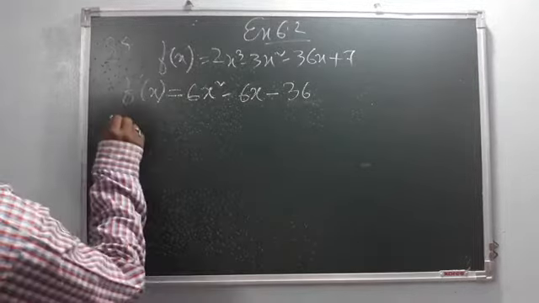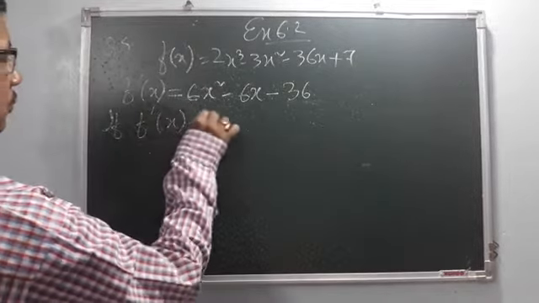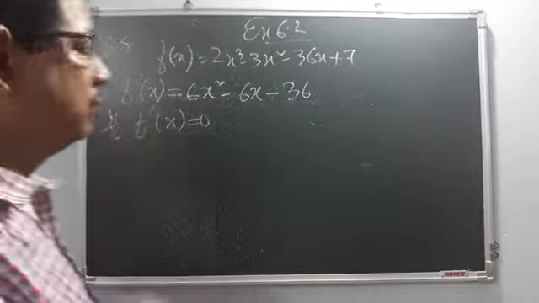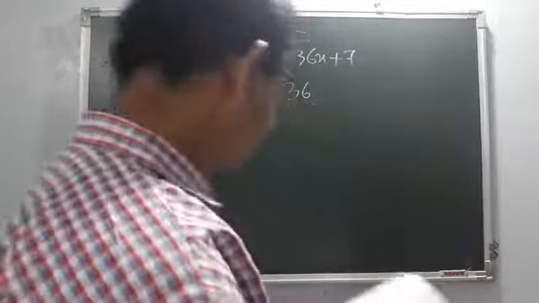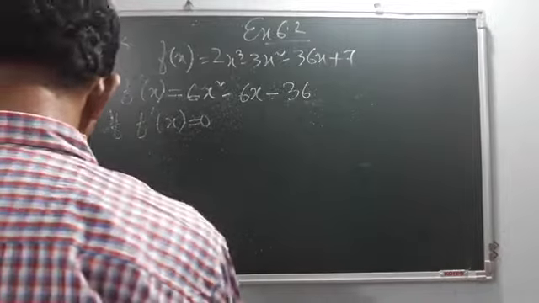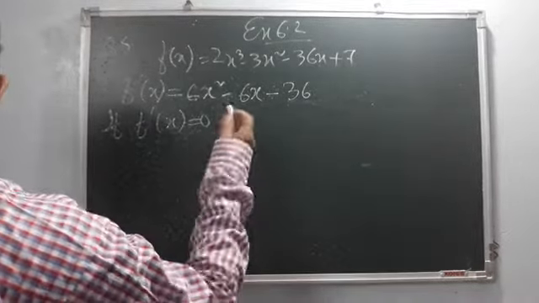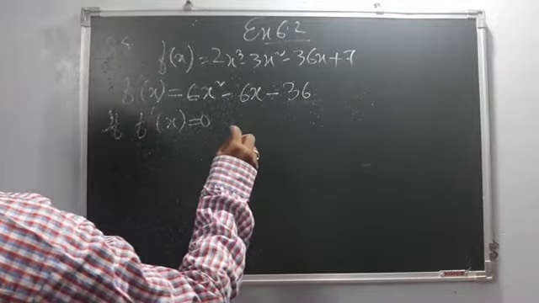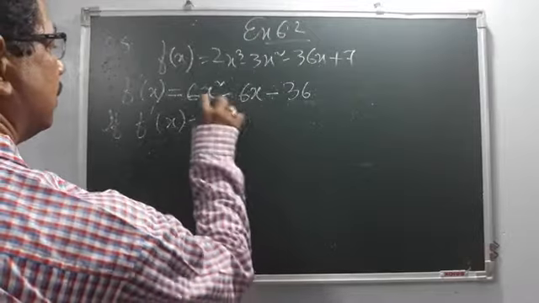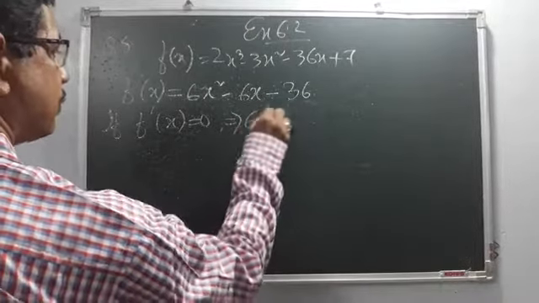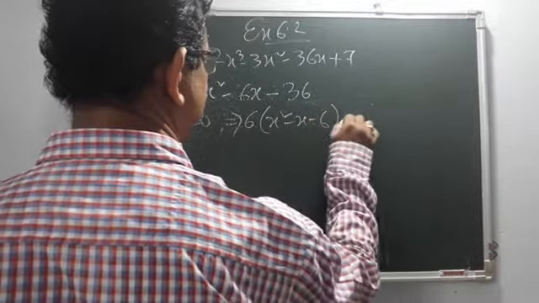As in the earlier procedure, if we take f'(x) equal to 0, then this implies 6x² − 6x − 36 = 0. Take 6 common: x² − x − 6 = 0.